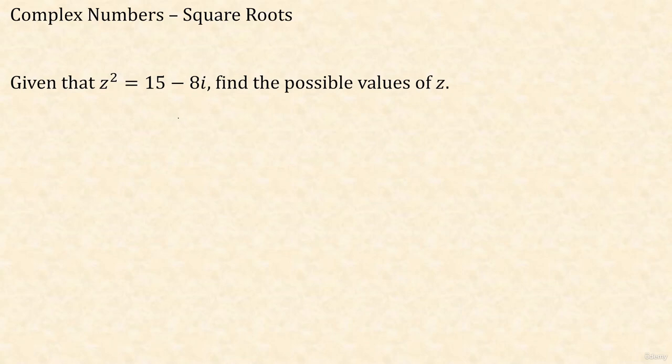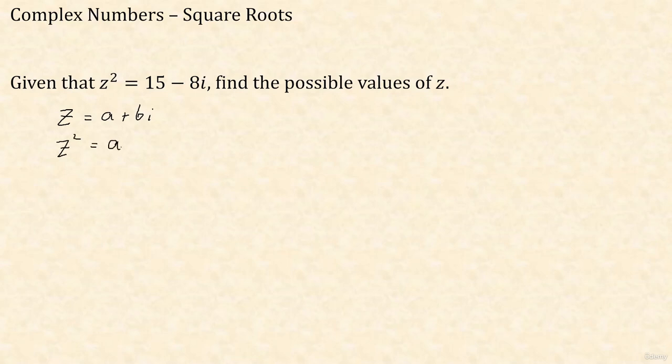Okay, here's another example. If you think you understood the last one, then definitely pause the video and have a go at this one yourself. We're going to do this in exactly the same way. We're going to let z equal a plus bi, and then we're going to square it.